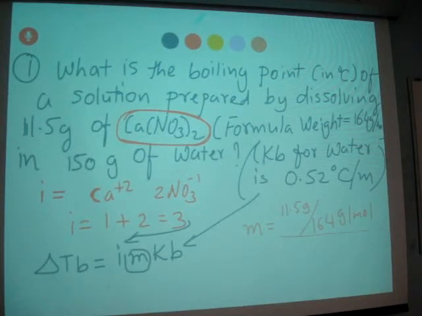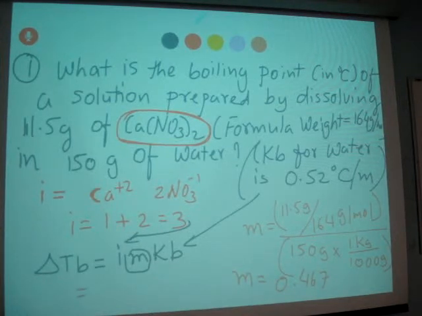We convert 150 grams into kilograms, knowing that 1 kilogram equals 1000 grams, and we calculate molality. What do you get? 0.467. Alright.